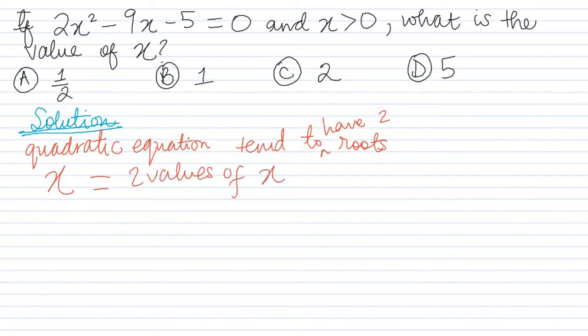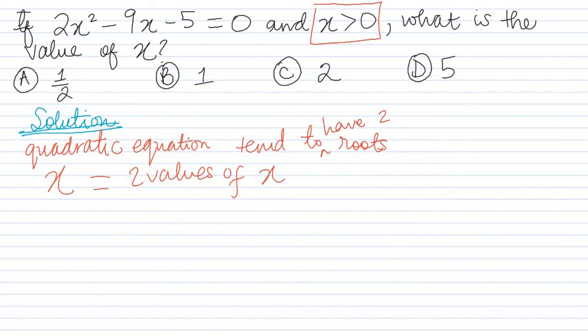But in our question, we're told that x is greater than 0, and they want us to find the value of x. That means whatever our answer is for the value of x has to be a positive number. Since it's greater than 0, the answer must not be negative, neither must it be 0.